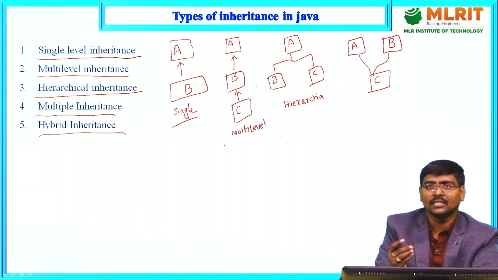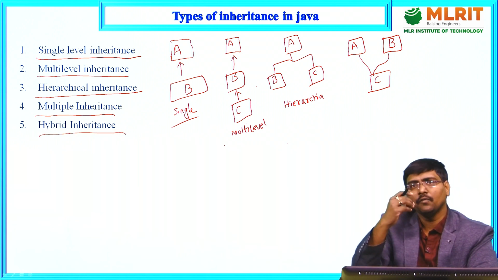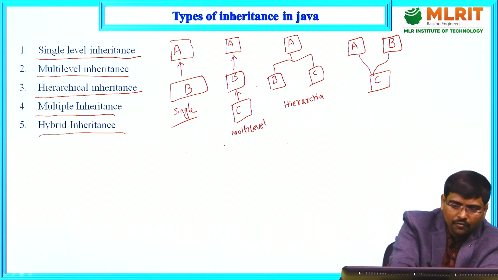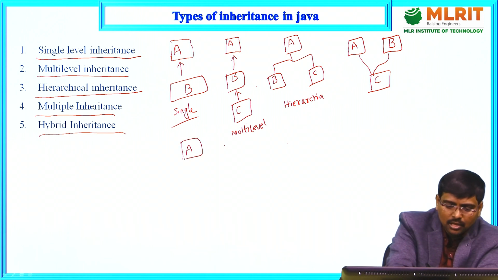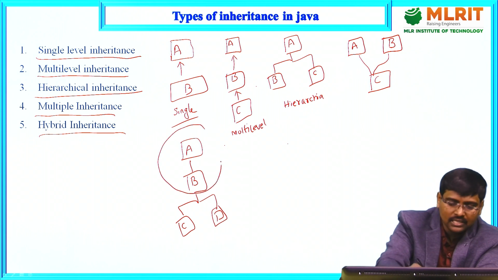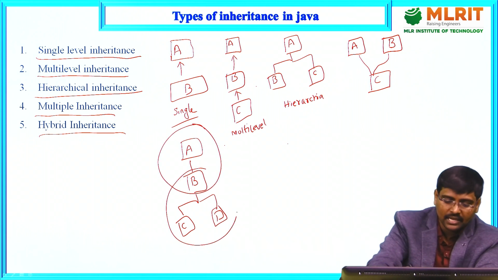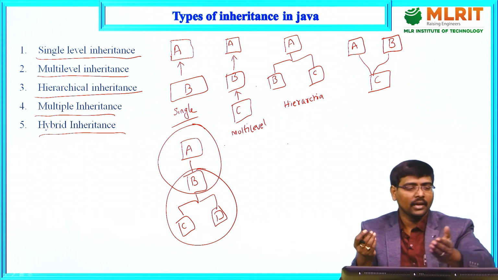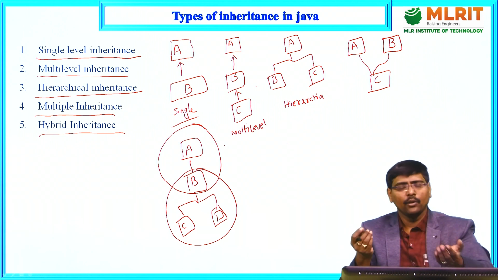Hybrid in the sense combination of any two inheritances. Suppose A to B, B to C, D. Here what happened? Till now this is single inheritance. This is hierarchical inheritance. Like this, you can combine multi-level inheritance with others, and you can combine any two.